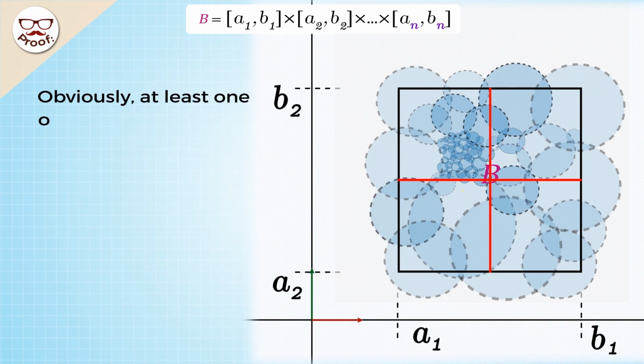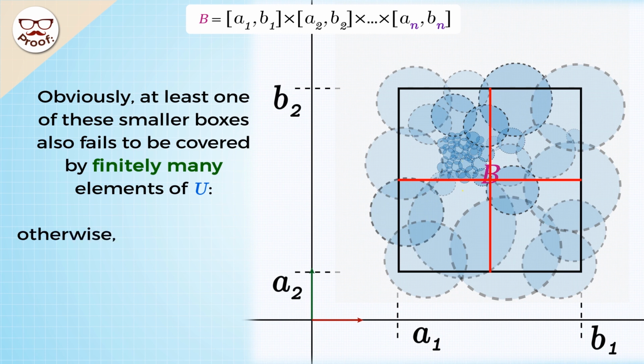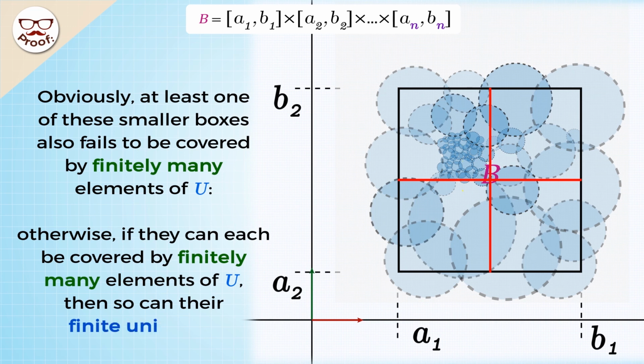Obviously, at least one of these smaller boxes also fails to be covered by finitely many elements of U. Otherwise, if they can each be covered by finitely many elements of U, then so can their finite union B.